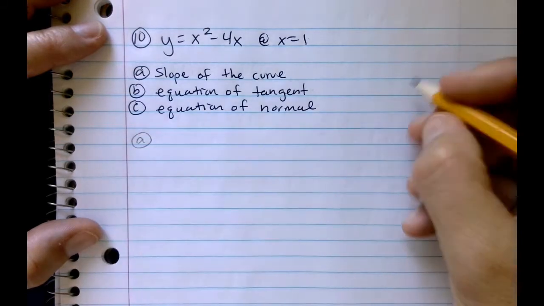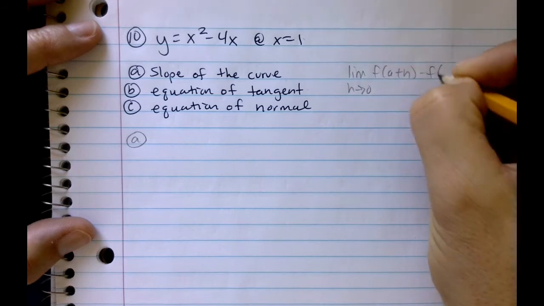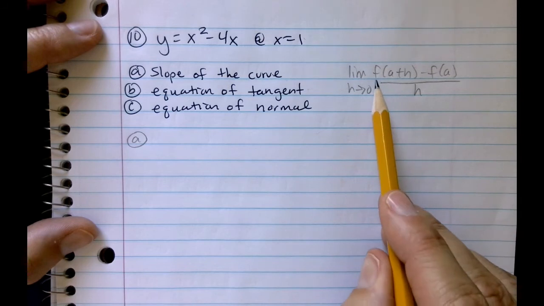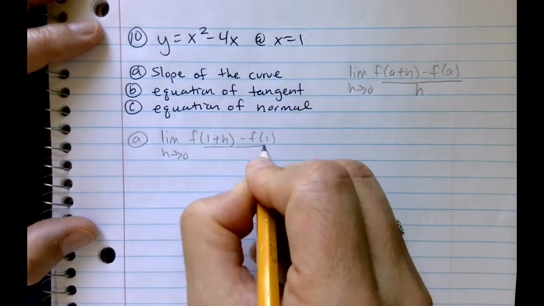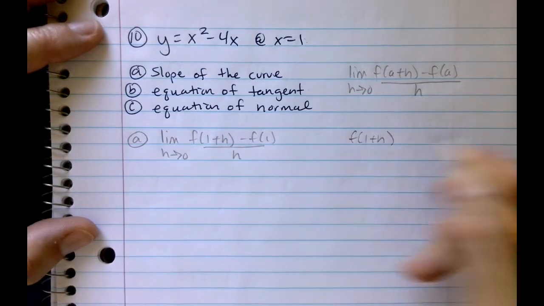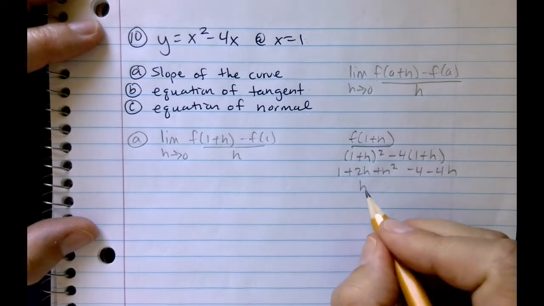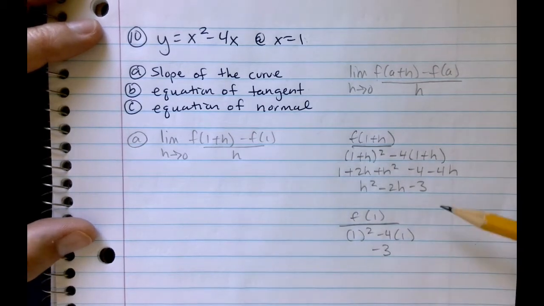So we want the slope of the curve. So that means we're going to use our limit definition. This is my y value. I can think of that as my f of x, and my x specifically is 1. Let's go to the side and do our prep work before we rewrite our limit. Now that I have my two values, I'm going to take these two simplified expressions and plug them into my limit to rewrite it.